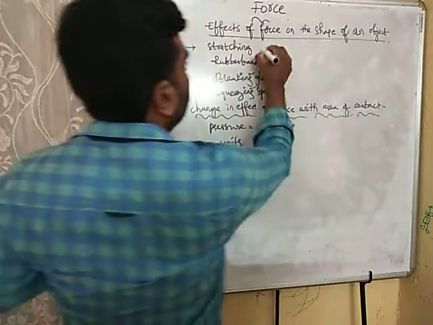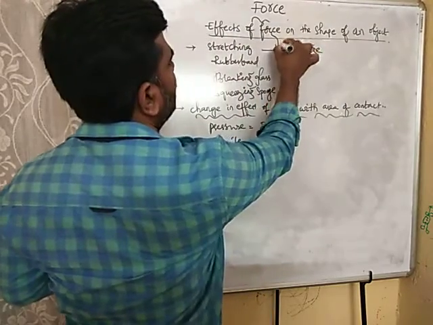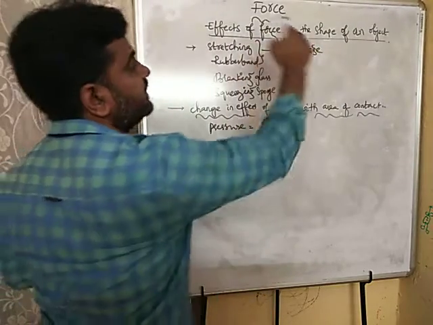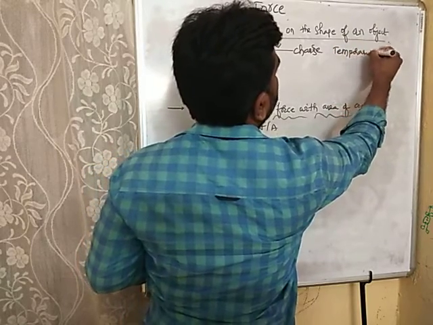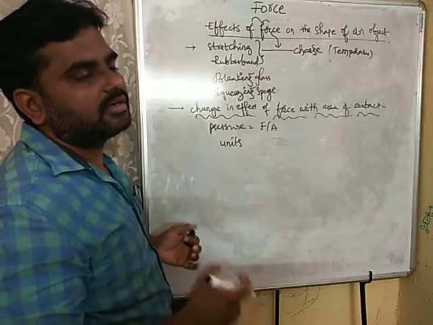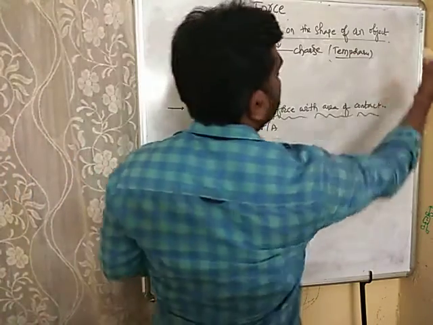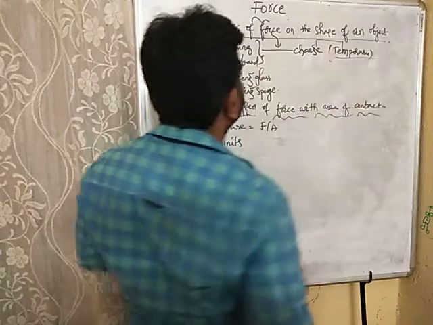When you apply force on some objects, there will be a change, but that change will be temporary. When the force disappears, it immediately comes to its original position. That type of change is called a temporary change.